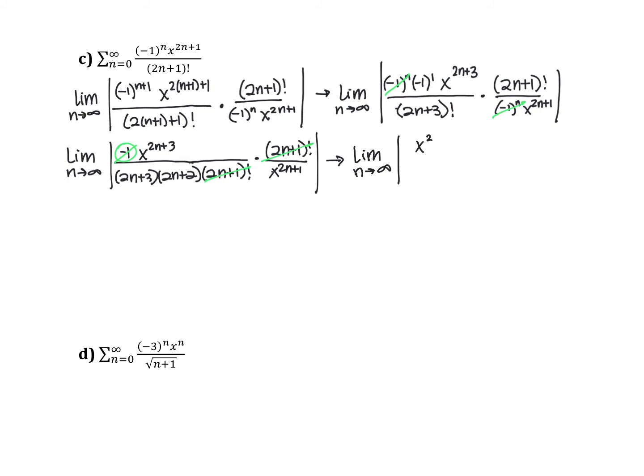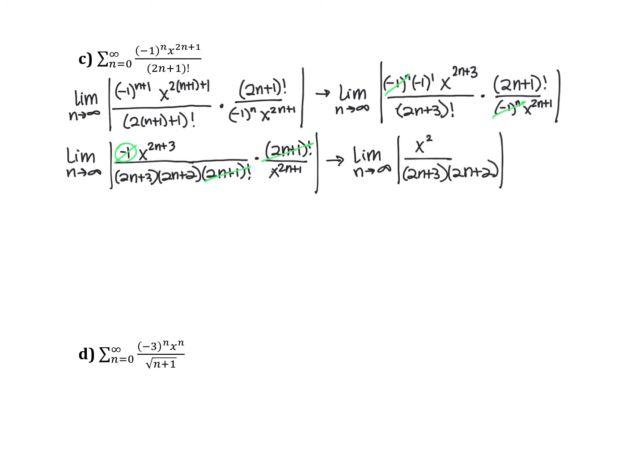x squared over 2n plus 3 times 2n plus 2. Remember that if you have the same base with exponents, you can subtract the exponents, and 2n plus 3 minus 2n plus 1 leaves me with just x to the 2.